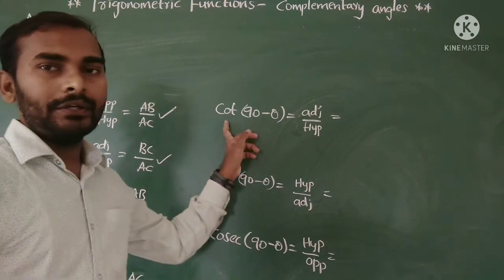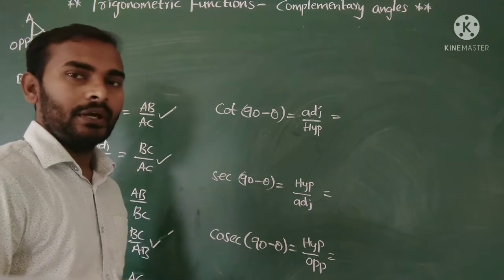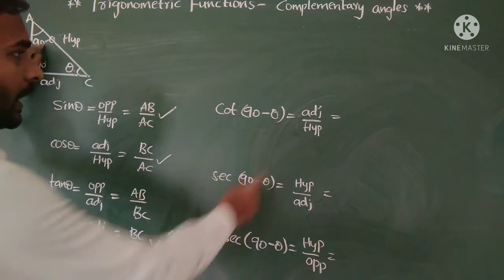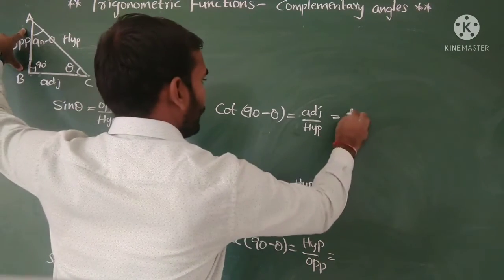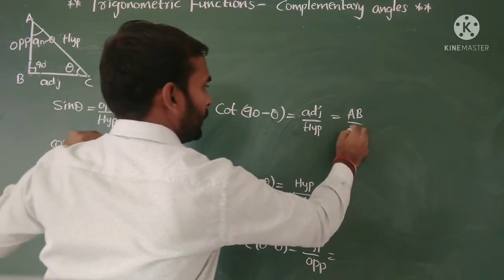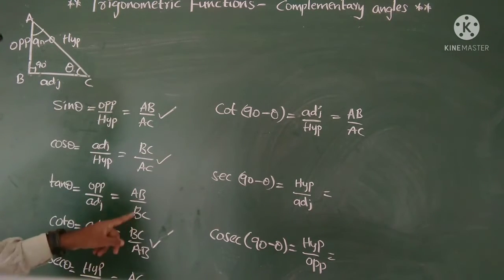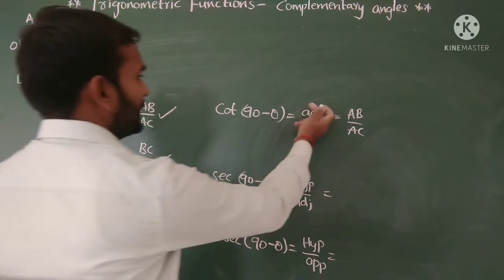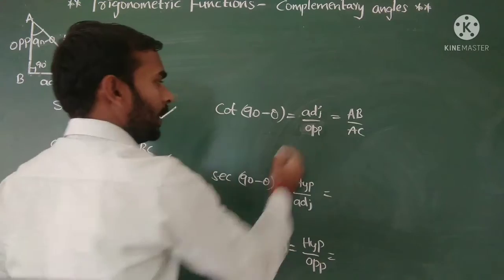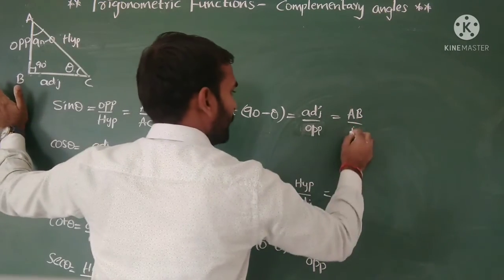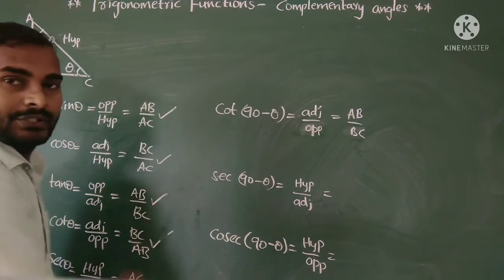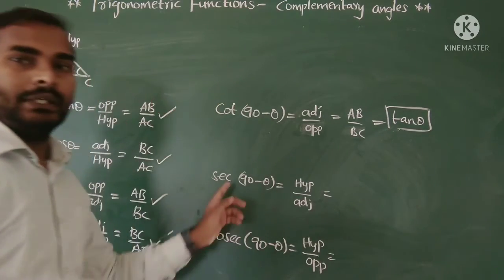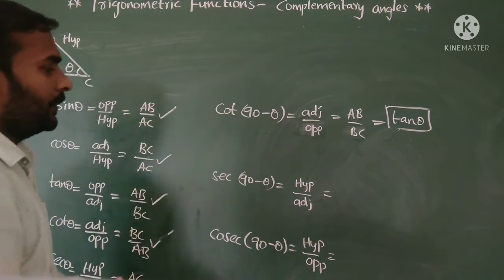Okay, similarly cot 90 minus theta, secant 90 minus theta, cosec 90 minus theta we have to find out. Cot 90 minus theta: adjacent by opposite, adjacent is AB, opposite is BC. AB by BC means this is tan theta. Okay. Secant 90 minus theta: hypotenuse by adjacent.